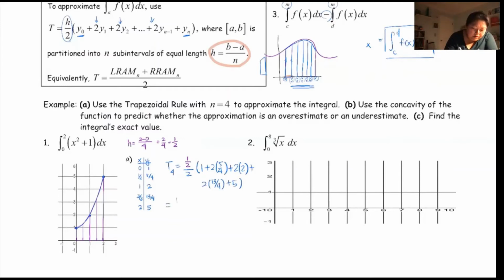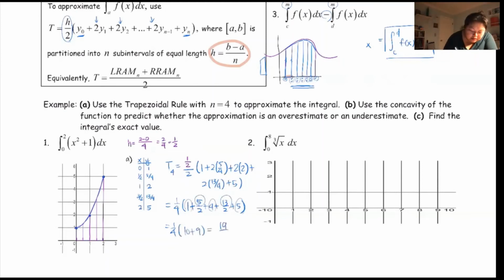Okay. All right, so I get 1/4, because 1/2 divided by 2 is 1/4. You have 1 plus 5 over 2 plus 4 plus 13 over 2 plus 5. So I'm going to add up all my numbers here. So 1 plus 4 plus 5, that's 10. 5 plus 13, that's 18. 18 over 2 is 9.